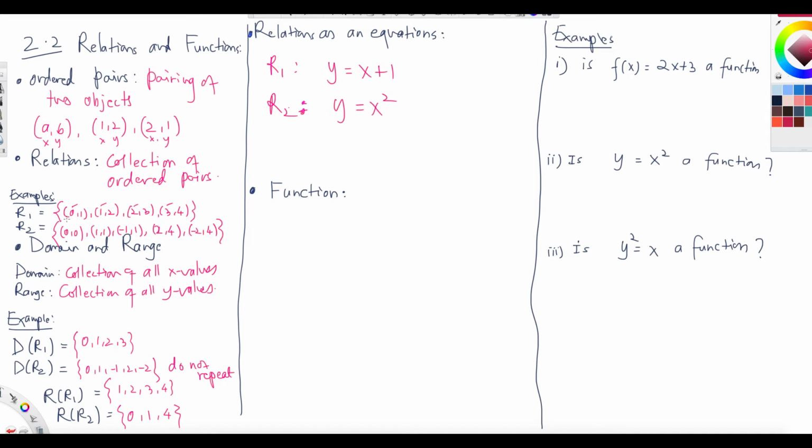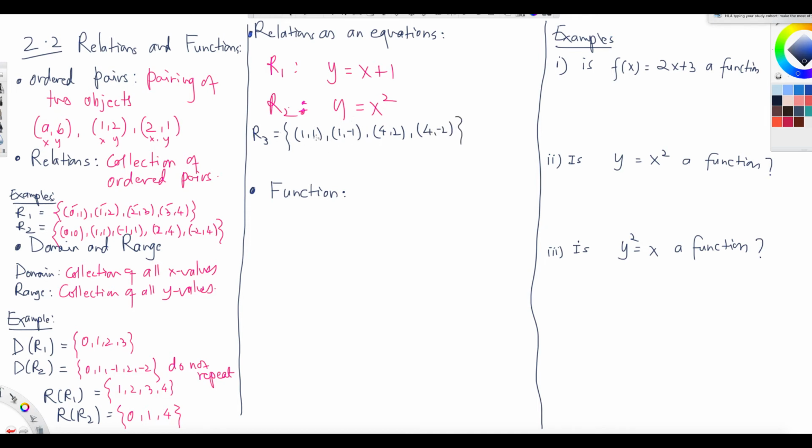By the way, let me take one more example. Let's say R3 has ordered pairs like this. Suppose it is (1, 1), (1, -1), (4, 2), and (4, -2). How do you write this relation using an equation?